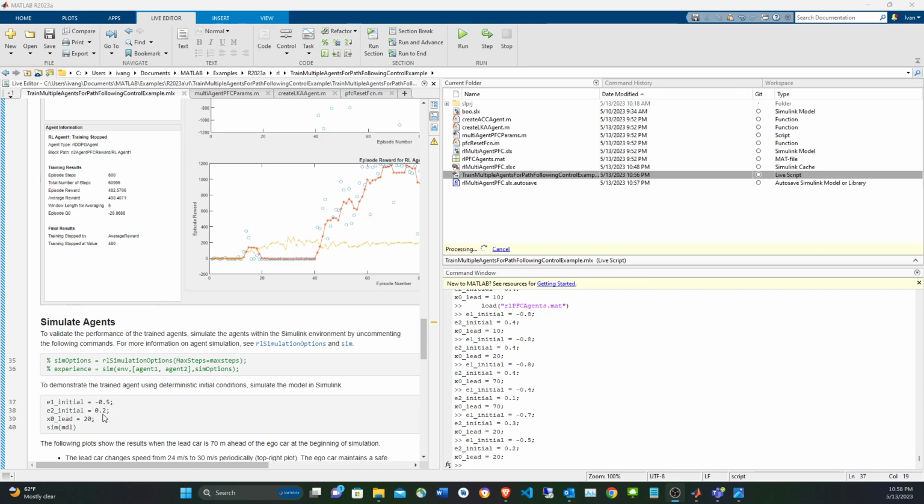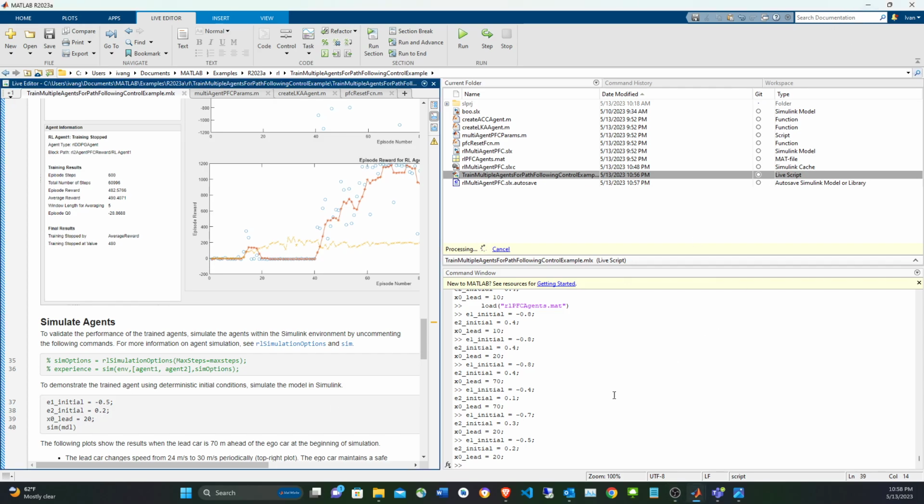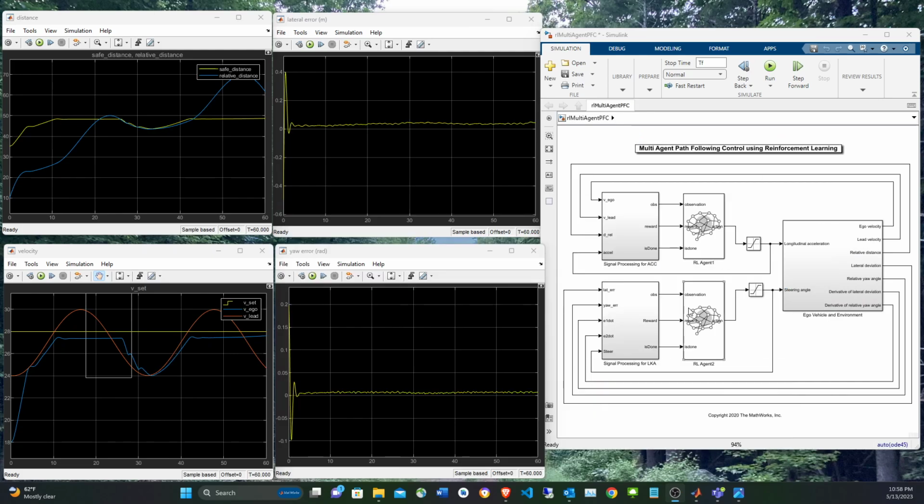And also the initial angle, I dropped it down. Instead of going too close to the limits, I put somewhat halfway. And also the lead distance, I put it to 20. So I basically changed that in here. Let's go back to the simulation, and now let's run it from the beginning.